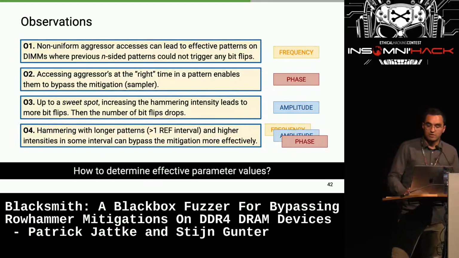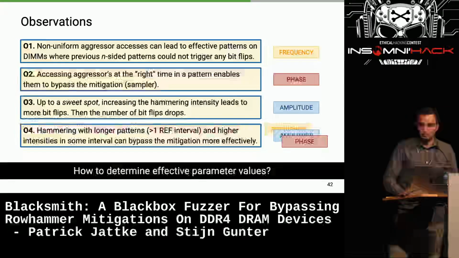And now the question is, how can we determine effective parameter values? Because these concepts are very dependent on the deployed mitigation. So different devices might require different amplitude, phase, and frequency to trigger bit flips.